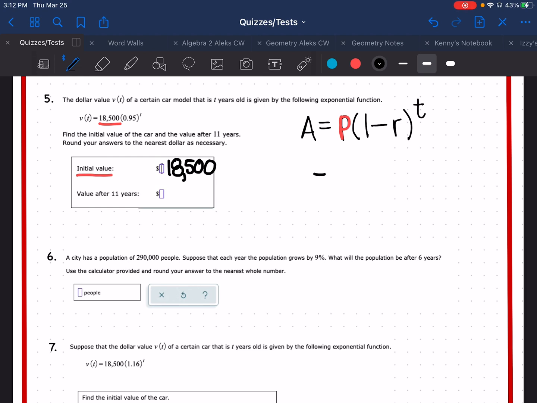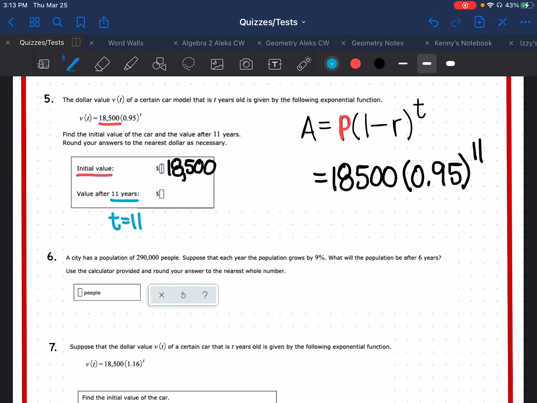And so you're just going to go ahead and grab the calculator. And you're going to put 18,500 and you're going to put parentheses 0.95 raised to the 11 years. T equals 11. You're going to plug that into the calculator.